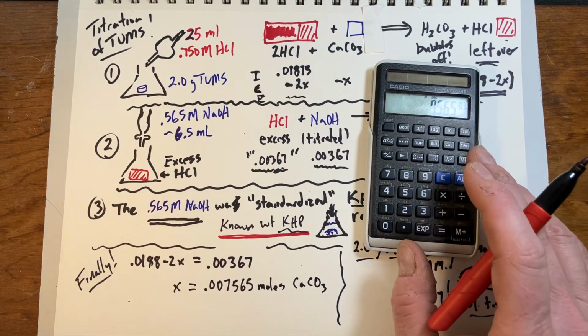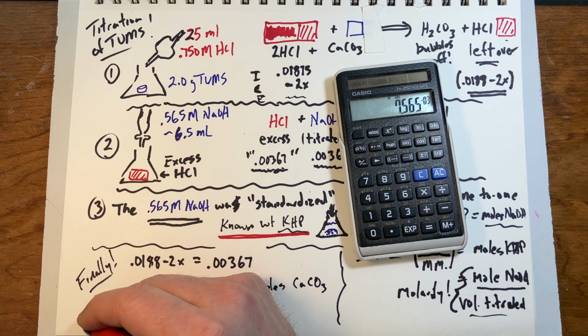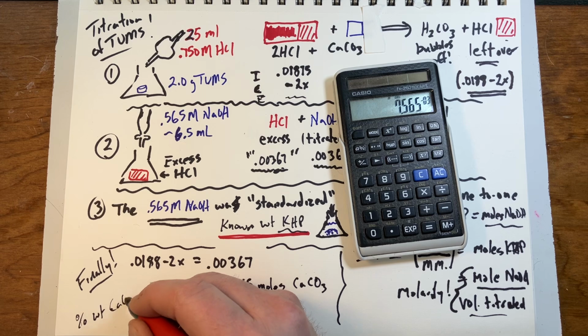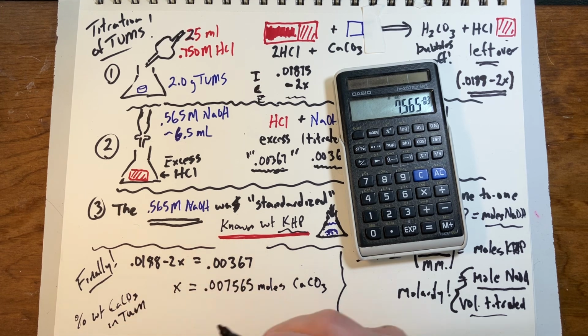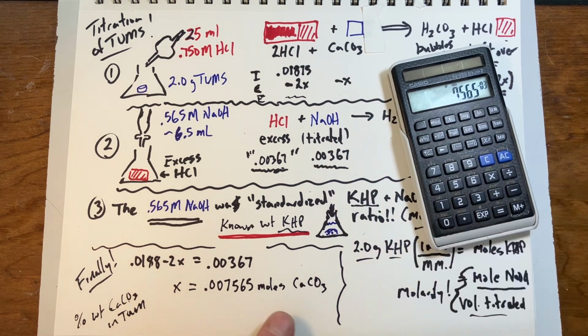I hope you are getting pretty quick at seeing how we can go from moles to grams, because the very thing you have to do is find the percent weight of calcium carbonate in Tums. With lack of space, what we can do with this is multiply it by its molar mass, and that'll give us the weight of calcium carbonate in Tums.